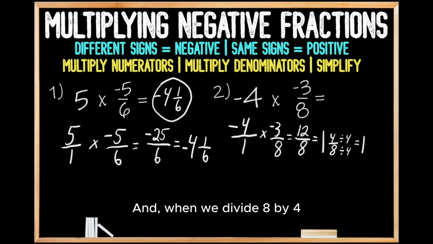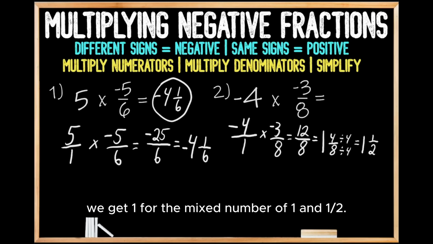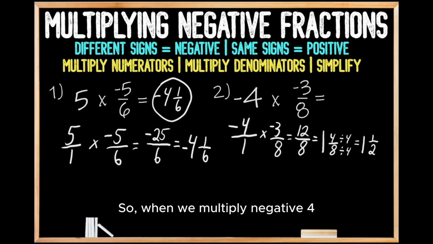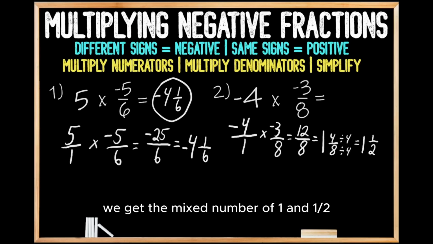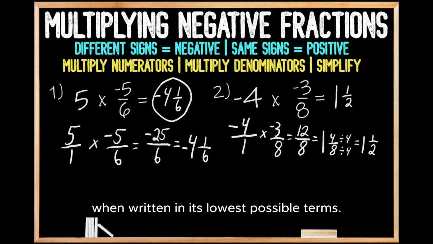And when we divide 8 by 4 for the denominator, we get 2. And then for the numerator, when we divide 4 by 4, we get 1 for the mixed number of 1 and 1/2. So when we multiply negative 4 times negative 3/8, we get the mixed number of 1 and 1/2 when written in its lowest possible terms.